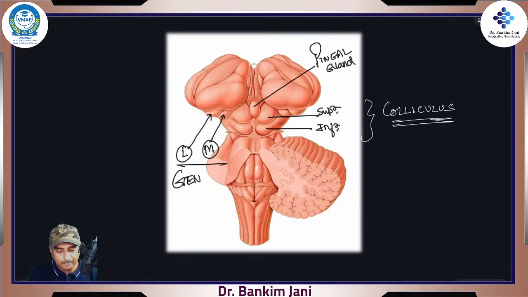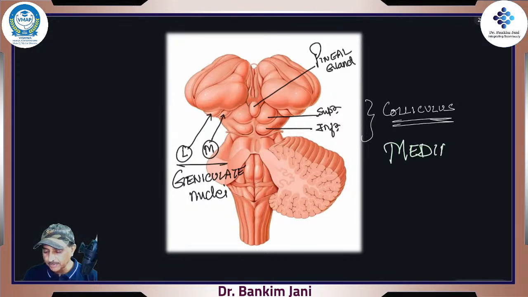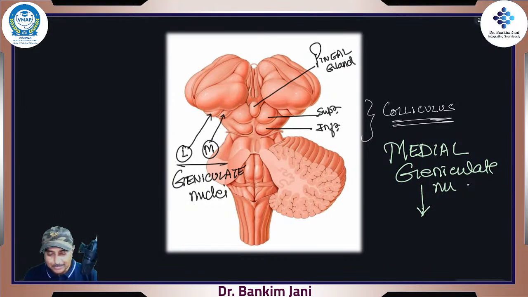Medial geniculate nucleus, lateral geniculate nucleus. That's how they are situated, right? So what will they be doing? This medial geniculate nucleus will be relaying to the inferior colliculus.